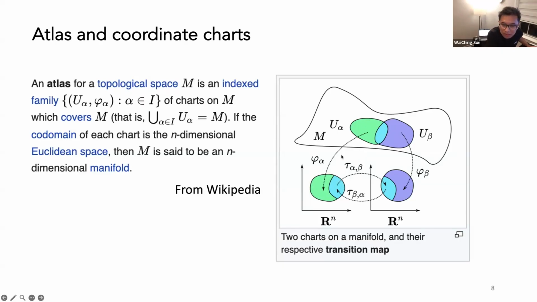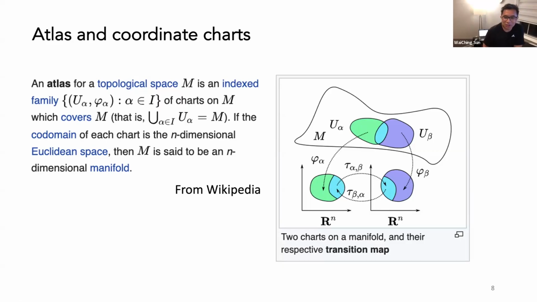If we successfully parameterize the entire manifold into a collection of coordinate charts, we need to make sure the transitions work, and that the inverse between them always exists.